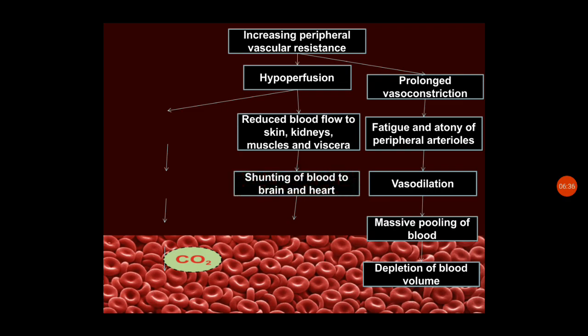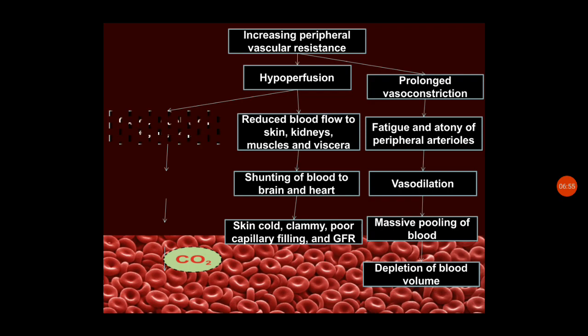As a result of that, there will be shunting of blood to the brain and heart. We are trying to shunt the blood to the brain and heart. So the skin will become cold and clammy with poor capillary filling, GFR will be reducing, and the kidney functioning will be altered. So this is the second side.